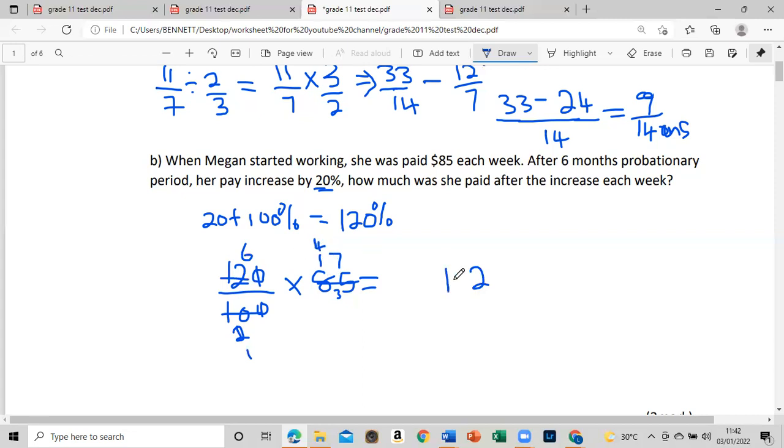So her new pay would be $102. And this would be our answer. If you did that, you get some marks.